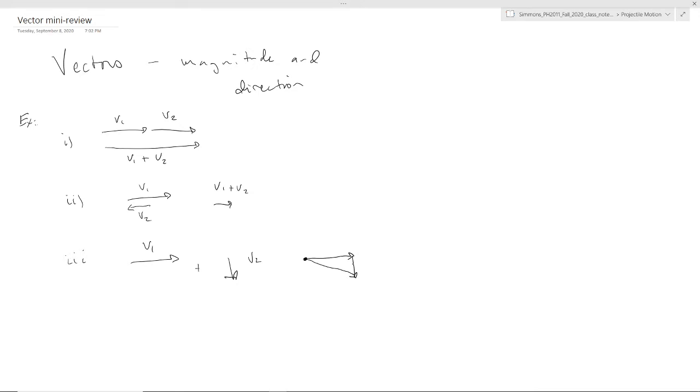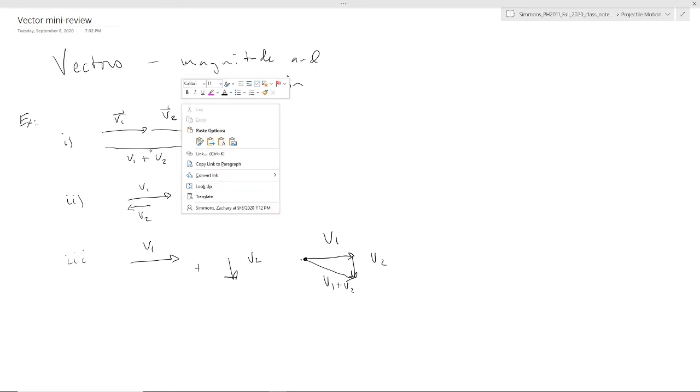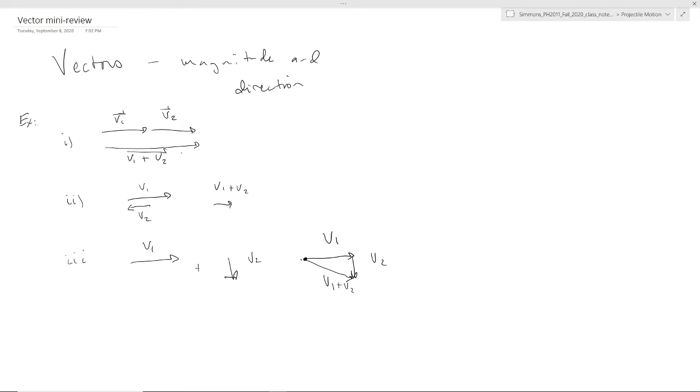So it would go like that. So if this was v1 and this is v2, and I should really be careful. Our notation, we use a little arrow over the top of the symbol to indicate that it's a vector. I'll try to do that, but invariably I'll forget sometimes.